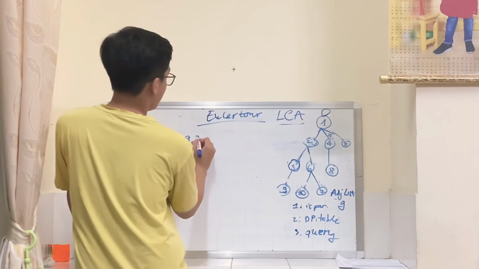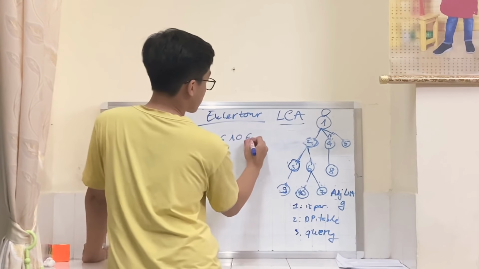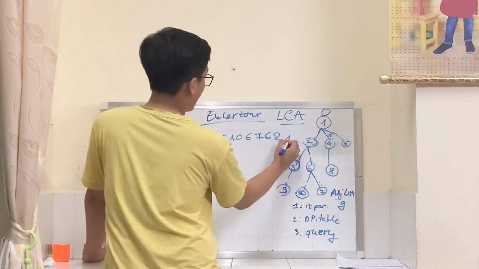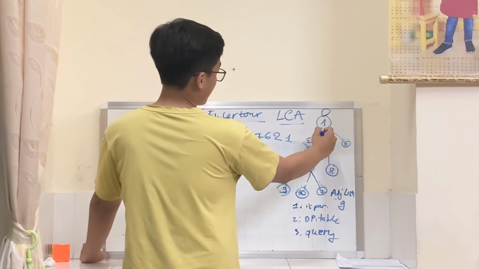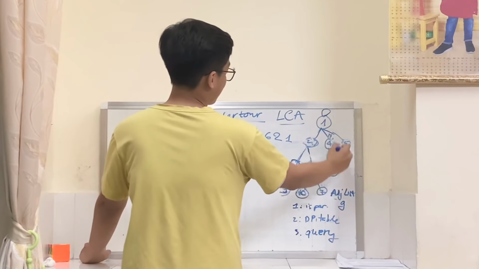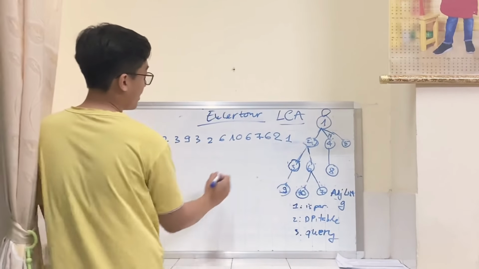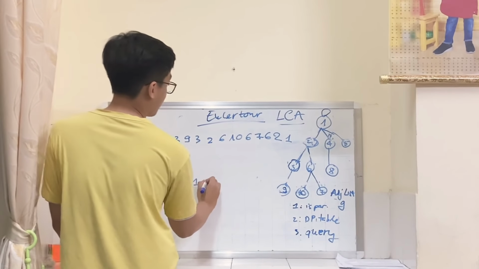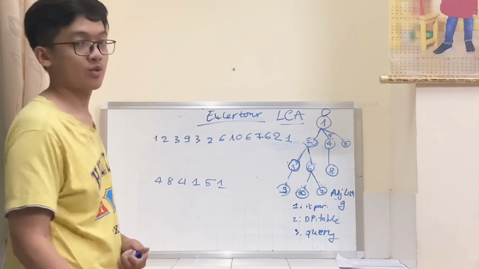Get back to 3, 2, 6, 10, 6, 7, 6, 2, 1, and yeah. By finishing this subtree, you traverse the next subtree using this method. It will be 1 and 4, 8, 4, 1, 5, 1. Okay, that's the Euler Tour.